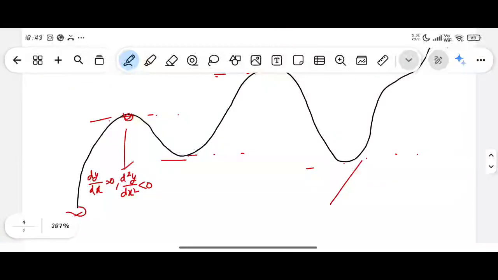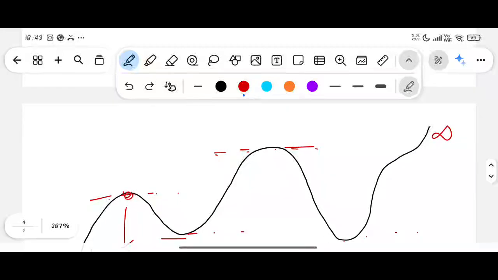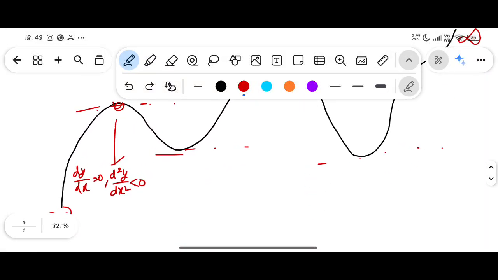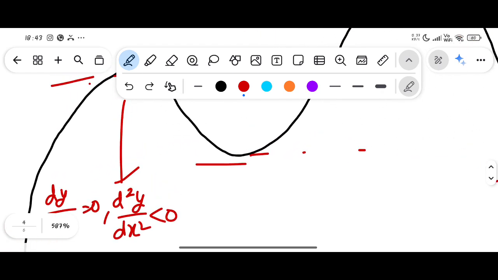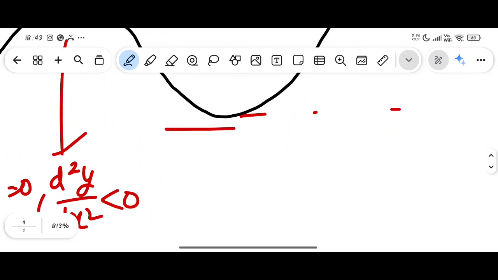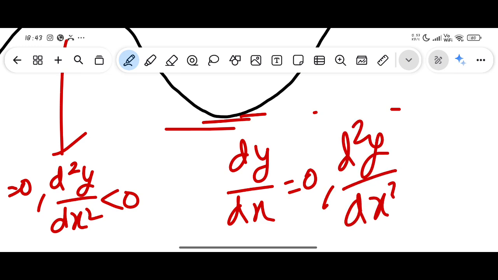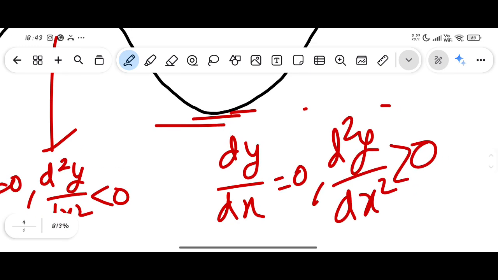You can clearly see that the maximum value of the function is infinity, so we are using the term local maximum. And this point you can see is a local minimum, and here also dy/dx will be equal to 0, and d2y/dx2 will be greater than 0.